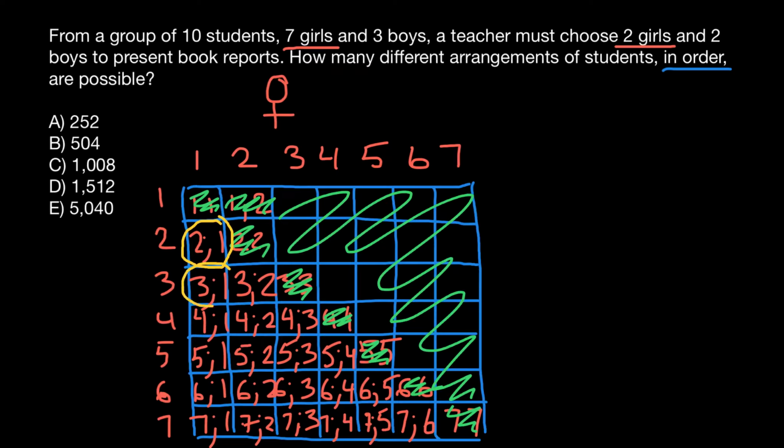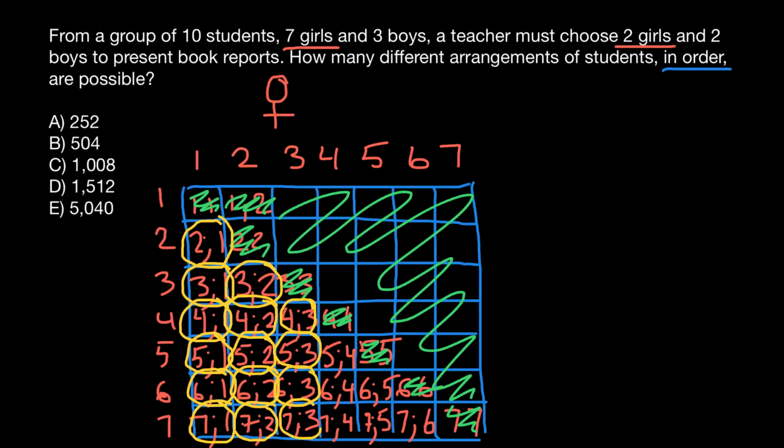So 1, 2, 3, 4, 5, 6, 7, 8, 9, 10, 11, 12, 13, 14, 15, 16, 17, 18, 19, 20, and 21 unique combinations we can get.